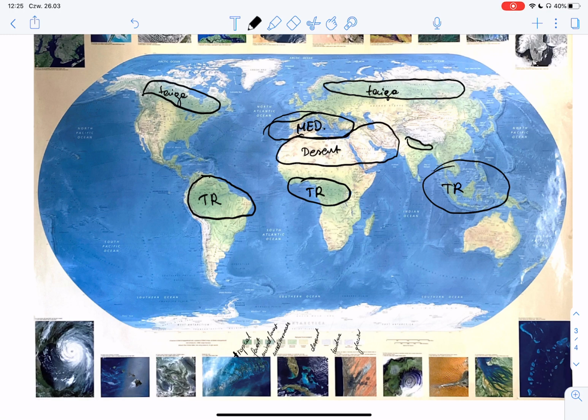And guys, as you can see, in Europe there are mixed forests. The type of plants that grow depends heavily on the climate.